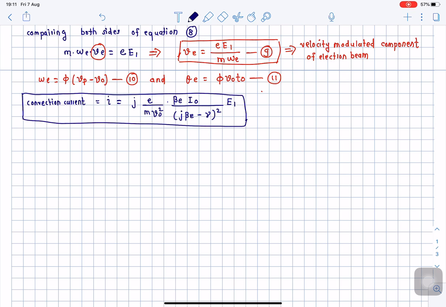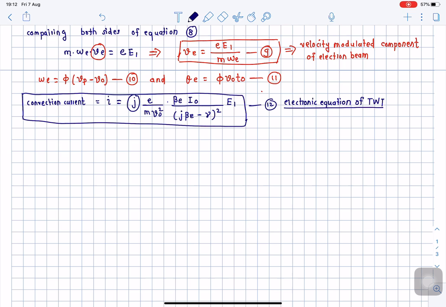So this particular equation number 12 is sometimes also called the electronic equation of traveling wave tube. Please remember here the j term is involved. That means it is an imaginary current, and it always depends on the magnitude of axial electric field.